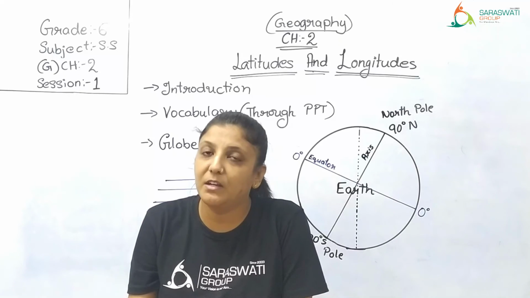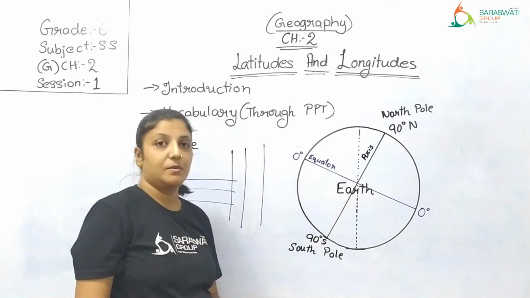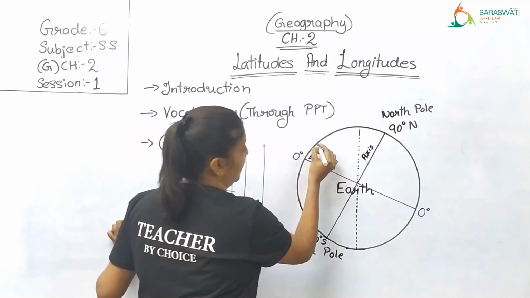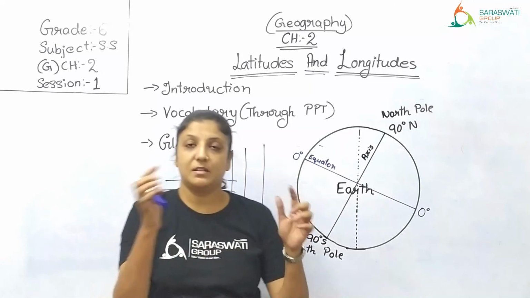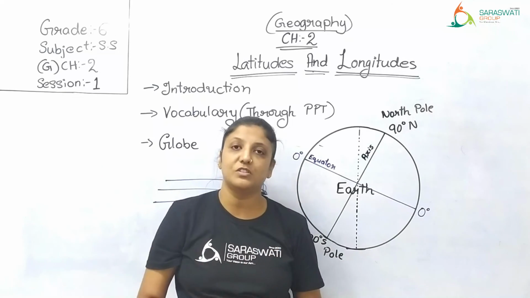Why are they called parallels of latitude? Because for example, if this is the equator, the other lines will go exactly parallel to it. So these latitudes never meet each other, never crisscross each other.